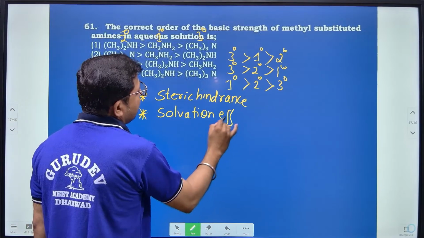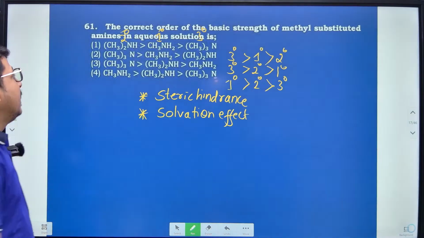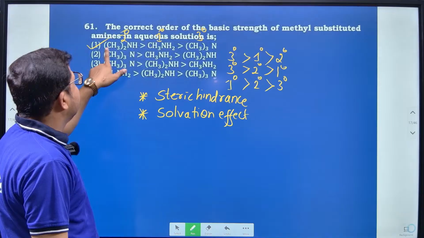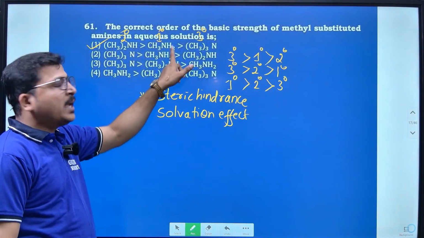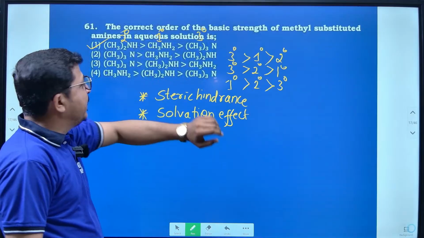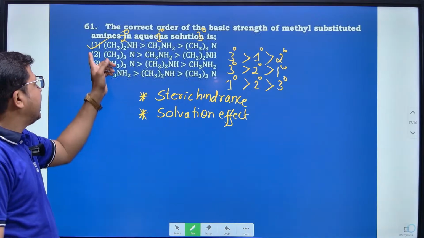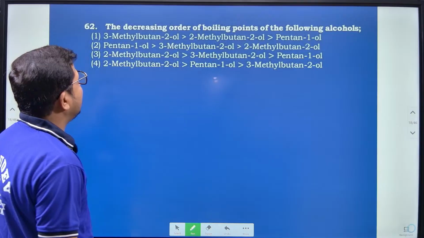Among these four options, the first option follows the correct sequence, that is secondary amine is greater than primary amine is greater than tertiary amine. That is the right answer for question 61. Therefore, the right option is option number 1. Let's move to question number 62.